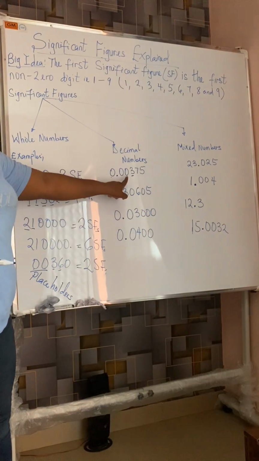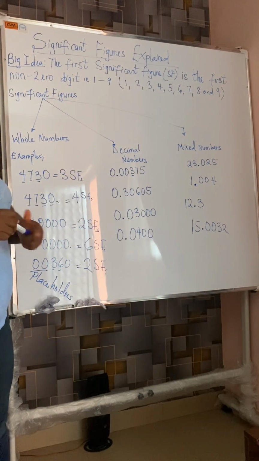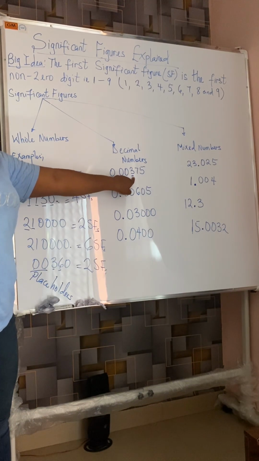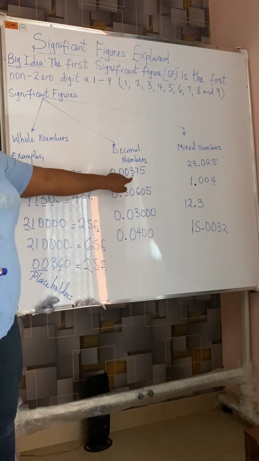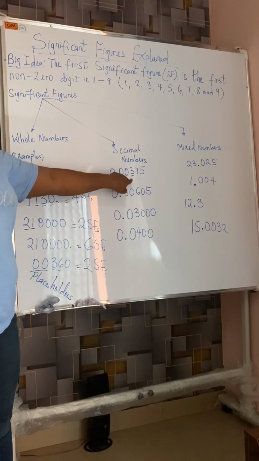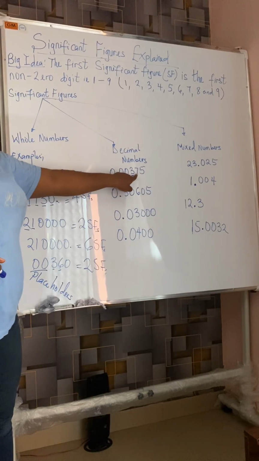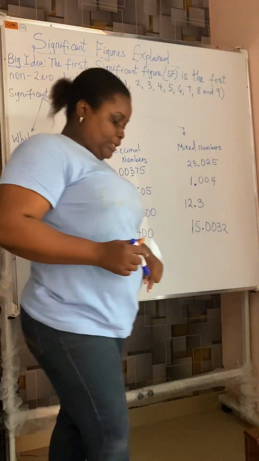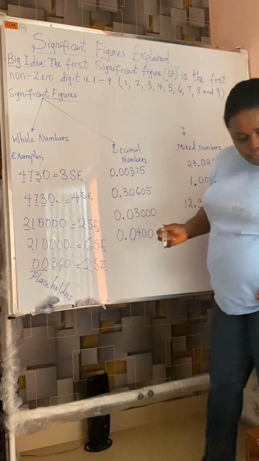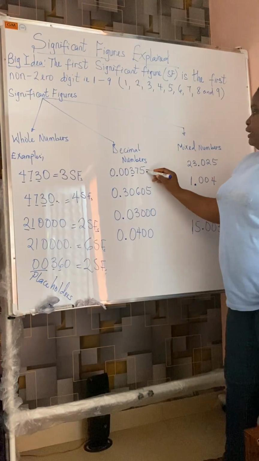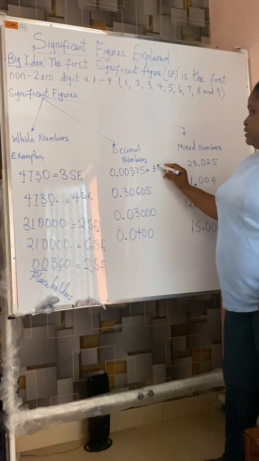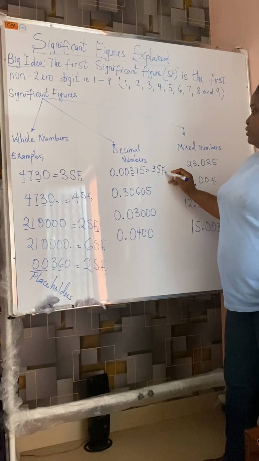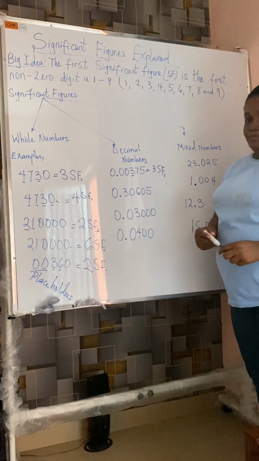These form decimal places, but the first significant figure, which is the first non-zero, starts at the 1000th position. So we have 1, 2, 3, so that we can say that there are 3 significant figures here. So 3SF, 3 significant figures.